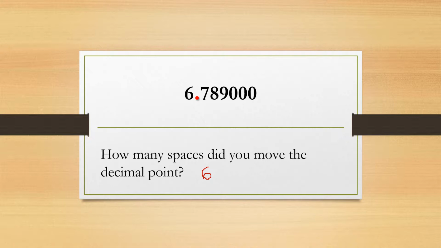Now we've moved the decimal point to right after the 6, the first non-zero digit we come across. We're going to drop these zeros, so just cross off these end zeros. We don't need those.